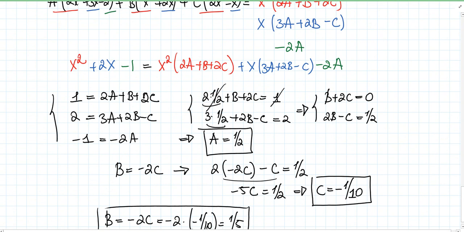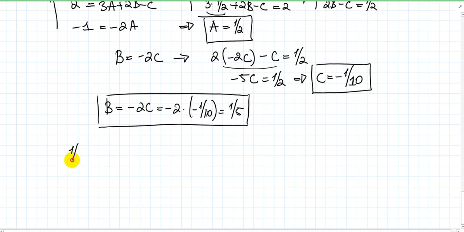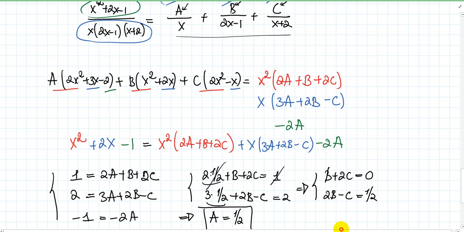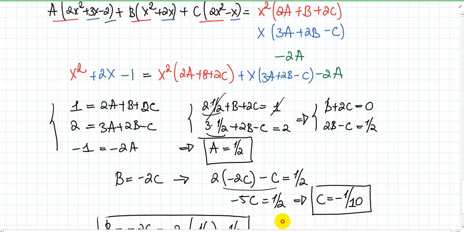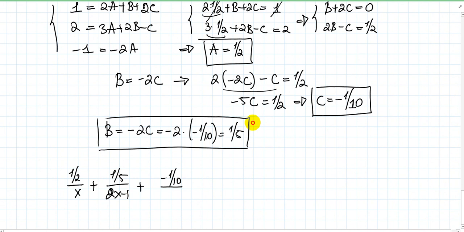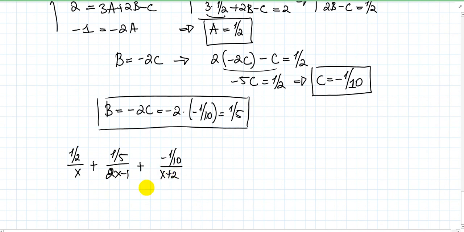Let's put all of them there. So 1 over 2 divided by x, plus 1 over 5 divided by tx minus 1, plus minus 1 over 10 divided by x plus 2. So this is equal to our original polynomial, right?